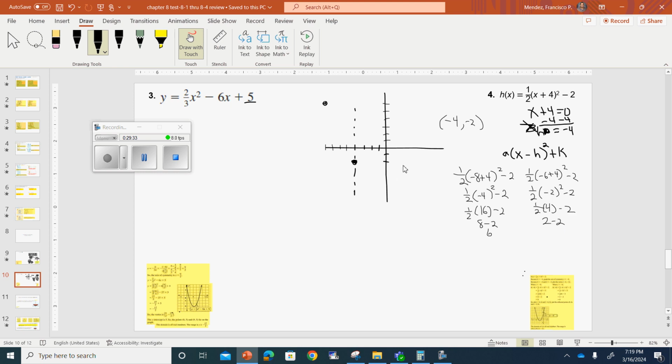So when x is -6, y will be 0. And now, since it's a parabola, we'll look for the other ones. 2 away from it is going to be 0, and 4 away from it is going to be 6. And our parabola should look like this.